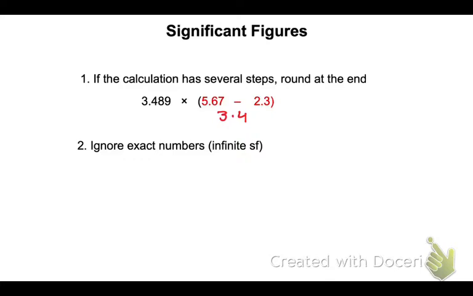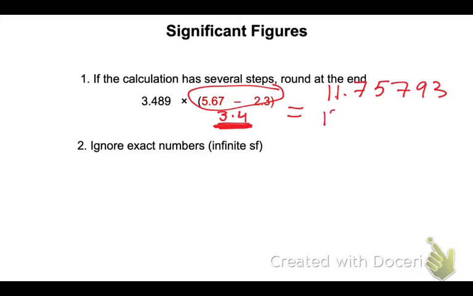However, you have to keep it at 2 sig fig. The calculator will tell you 11.75793. You only are allowed to keep 2 sig fig because this process gave you 2 sig fig when you followed the rules. So therefore, you're going to have to report the 10, and this 1 has to be rounded to 2, so the answer will be 12.